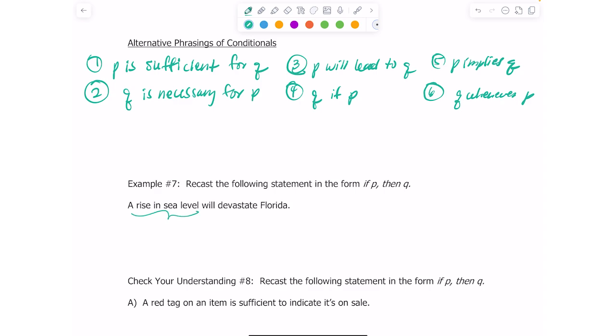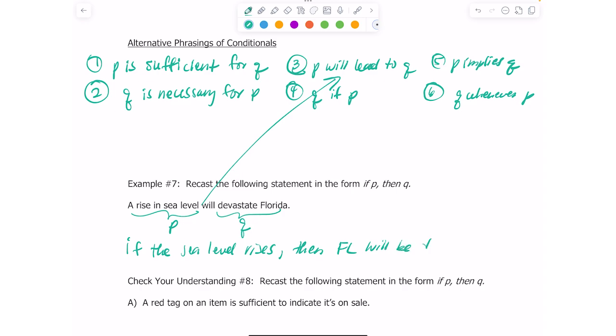It's talking about what will lead to devastation in Florida, so this part is your Q. So I would rewrite this as: if the sea level rises, then Florida will be devastated.